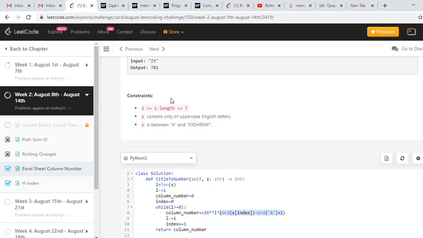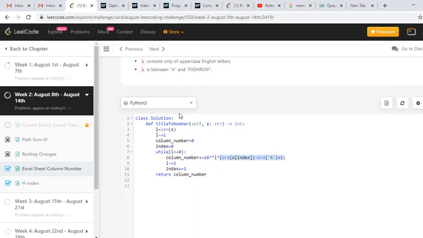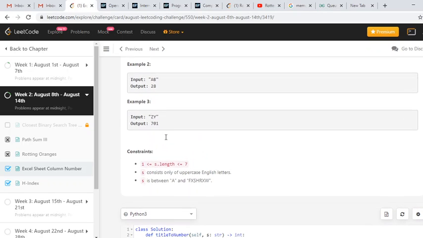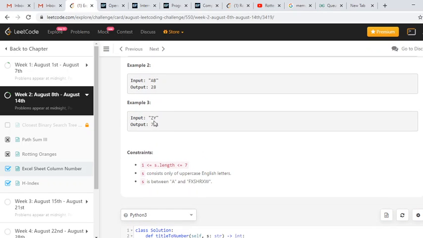So the simple logic is that it is running in powers of 26, and for that I am simply traversing the string. First of all, I take L, which is the length of S, and I decrease it by 1, because indexing starts at 0.